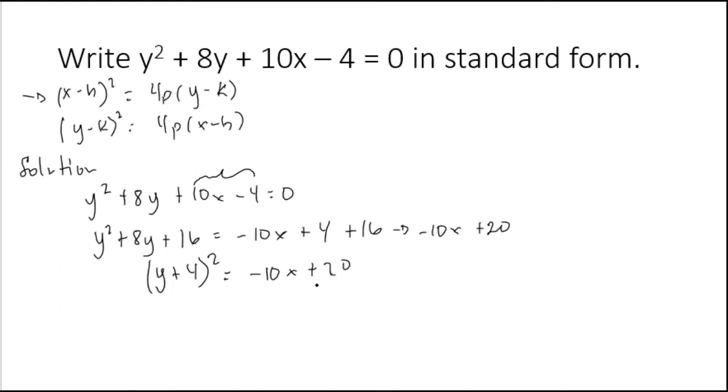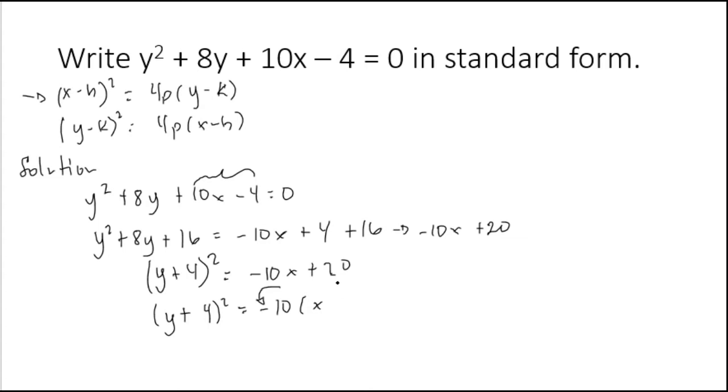But still, we need to factor negative 10x plus 20 for us to determine the 4p, or the latus rectum, of our parabola. So still copy this: (y plus 4) squared equal to negative 10, then inside it will become positive x, because we already factored out the negative sign.